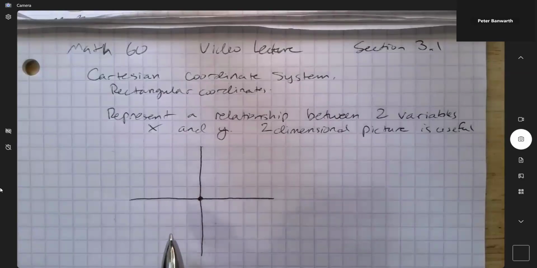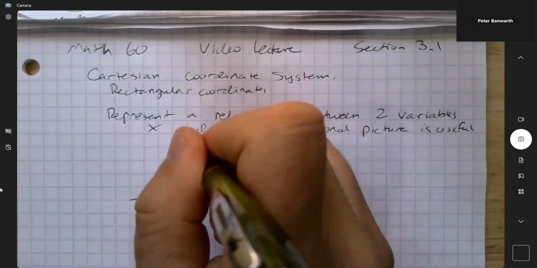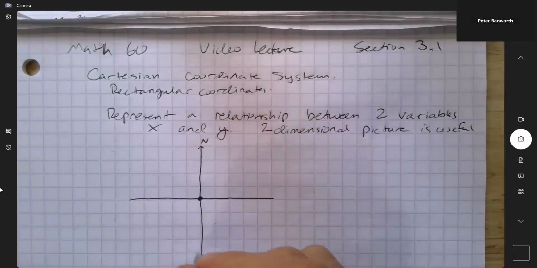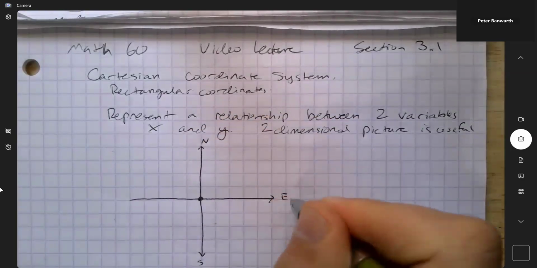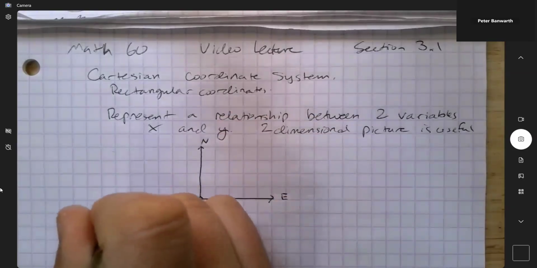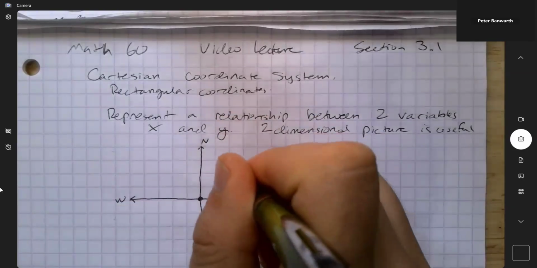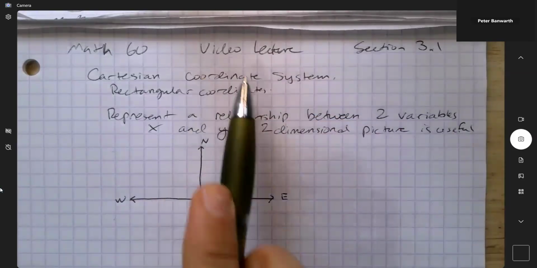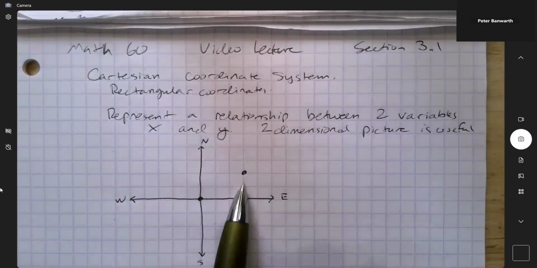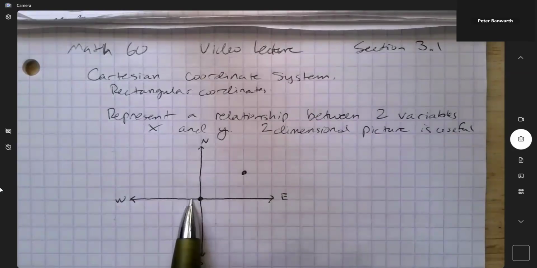So if you imagine looking at a map, and this way is north, and this way is south, and then you have east and west, you could find any point on the map by finding its coordinates in terms of how far east and how far north, or maybe how far west and how far south.